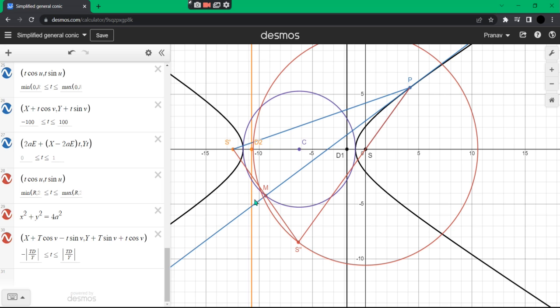Wait, what was I doing? I just want this length minus that length, right? And then this length. Okay, it's not actually that easy to see what's going on, right?